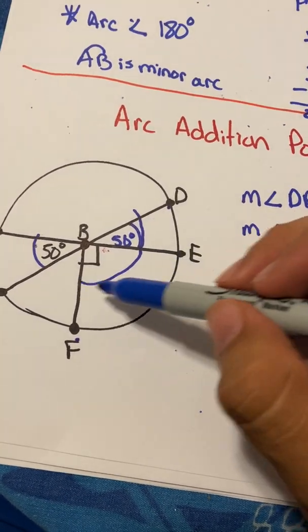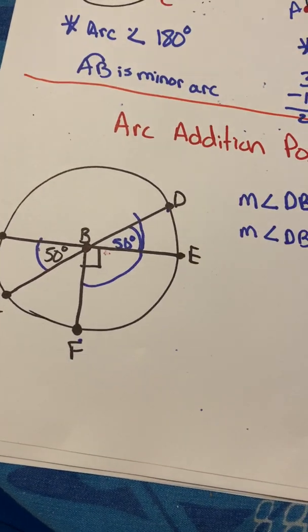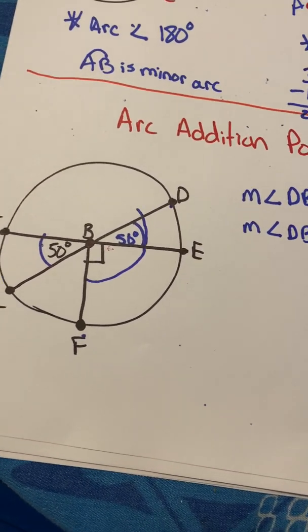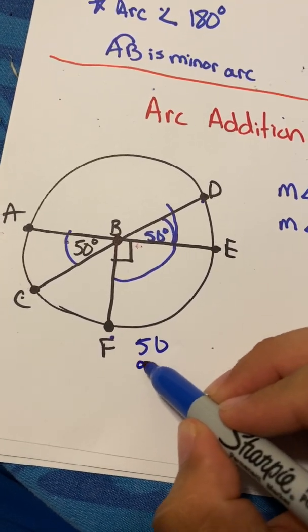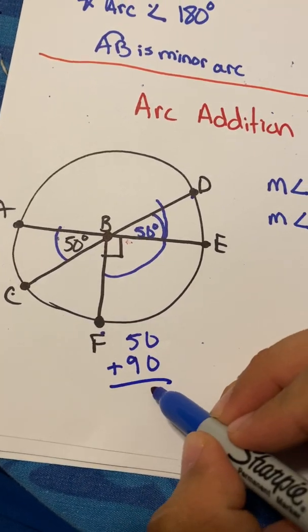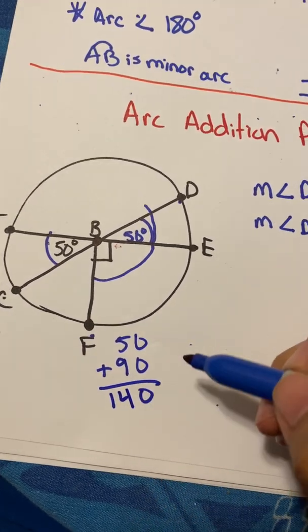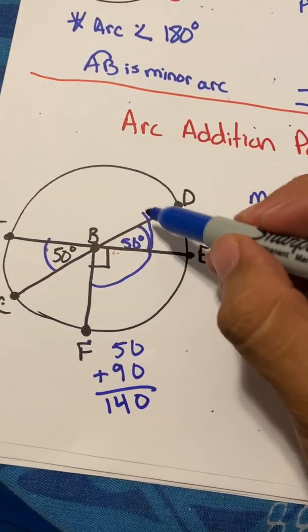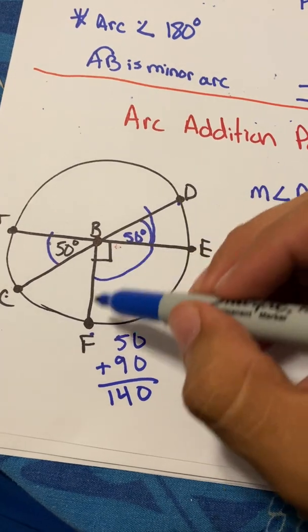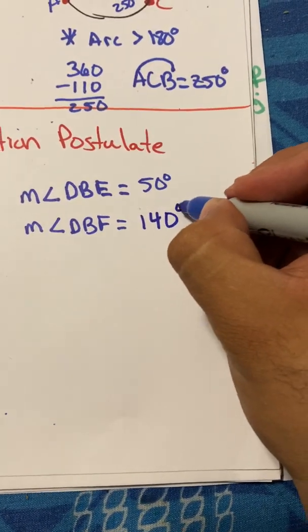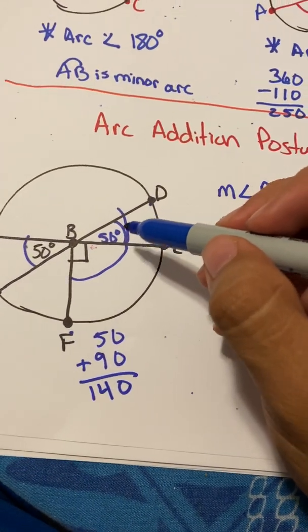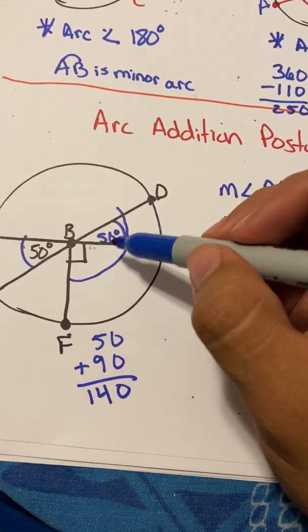So to find this entire angle, all we need to do is add those two together. We take the 50 degrees and add it to 90, and that's going to be 140. So angle DBF is 140 degrees, and we did that simply by adding the two angles together.